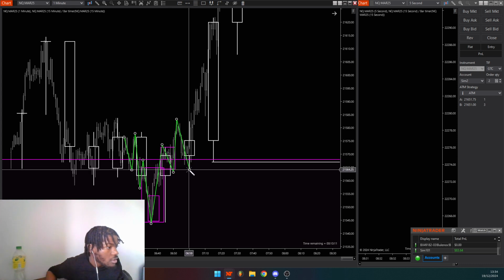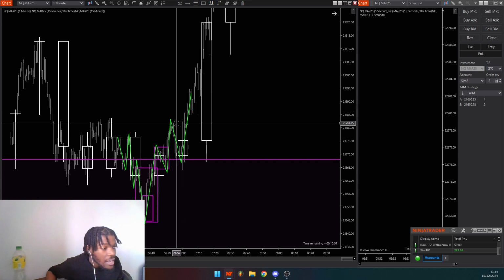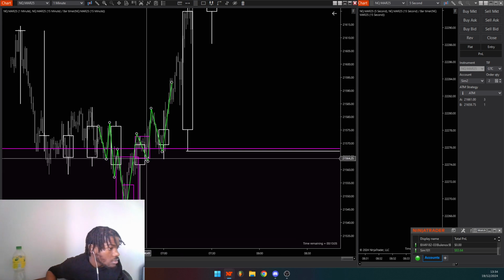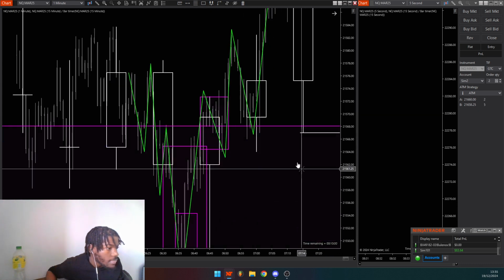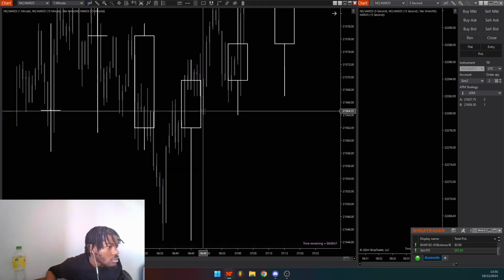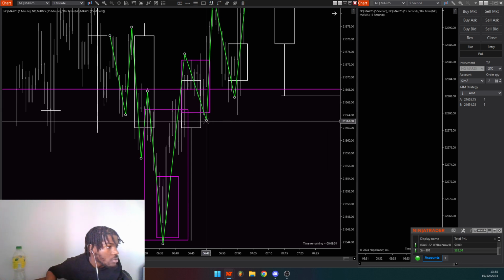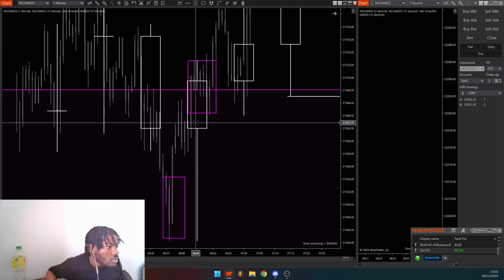Now this move down is not a zone that I use. In fact, I probably will use it, because this is why it's important to know where you are. Let me get rid of this.